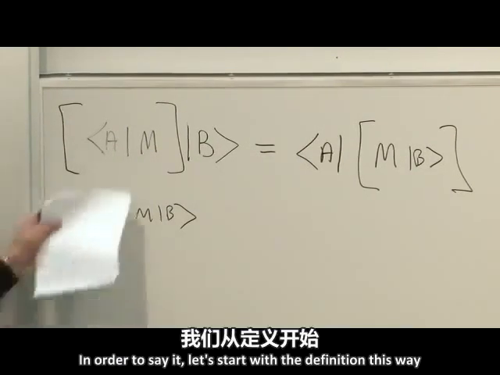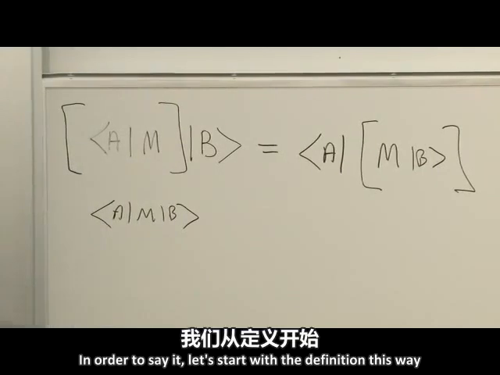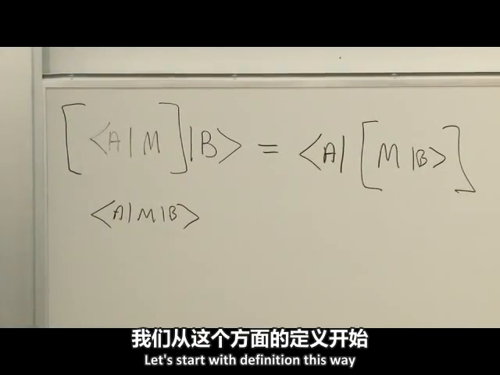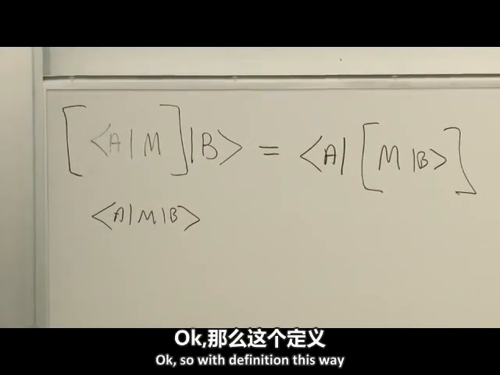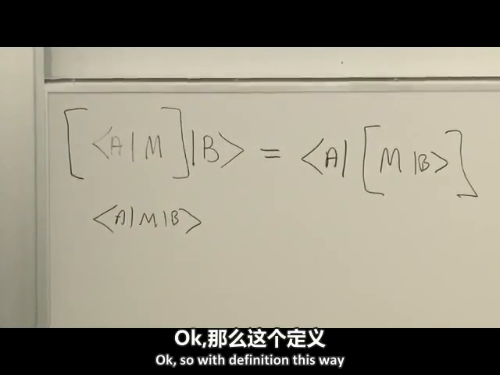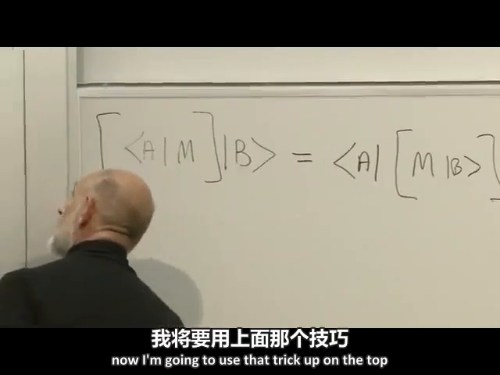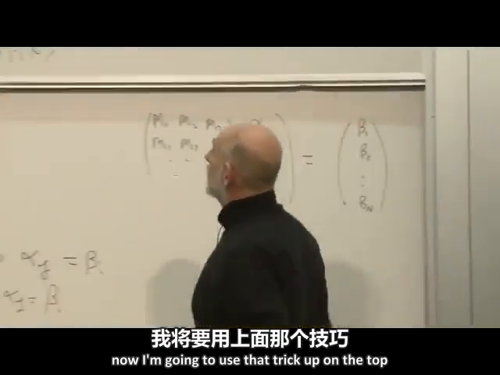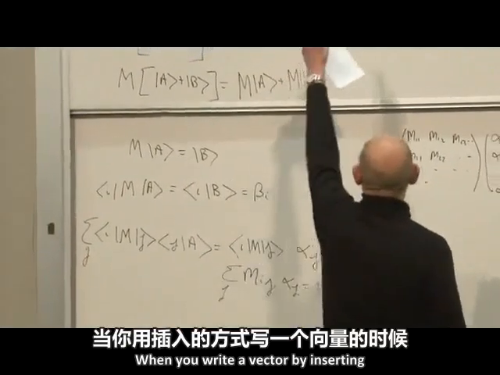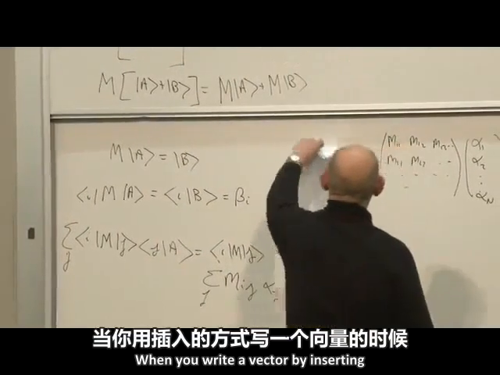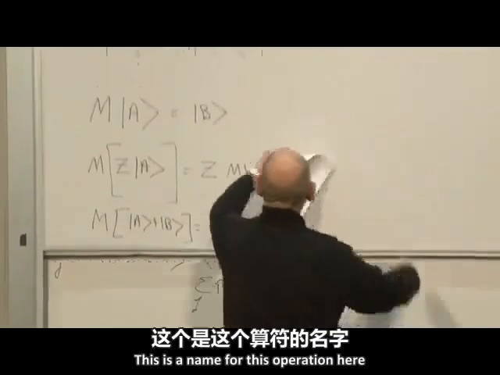In order to see it, let's start with the definition this way. And now I'm going to use that trick up on the top, where you write a vector by inserting a name for this operation.